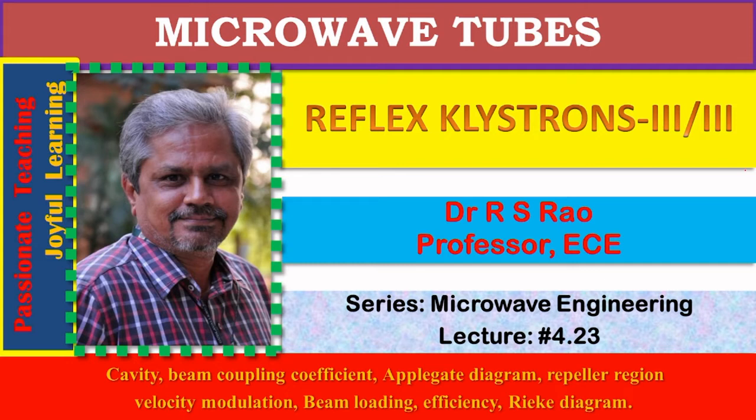In addition, an account of electronic admittance, admittance spiral, and Rieke diagrams is also introduced, described and discussed in this third session, the last session on reflex klystron oscillators. Now let us move further to the core of the session.